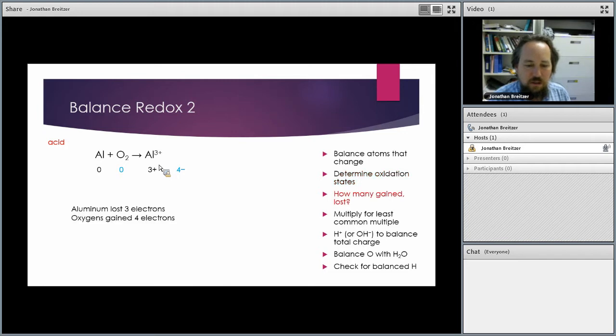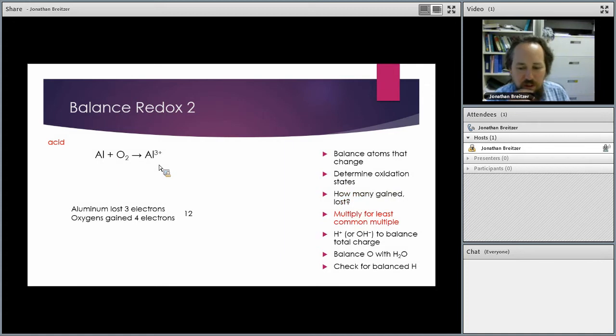Now, how many were gained or lost? Aluminum went from 0 to 3 plus, it lost 3 electrons. Oxygen went from 0 to 4 minus, so the 2 oxygens together, remember we keep stuff together, gained 4 electrons. Least common multiple is 12. Alright, now that we determined what the electrons are and the least common multiple, we don't need the charges anymore.